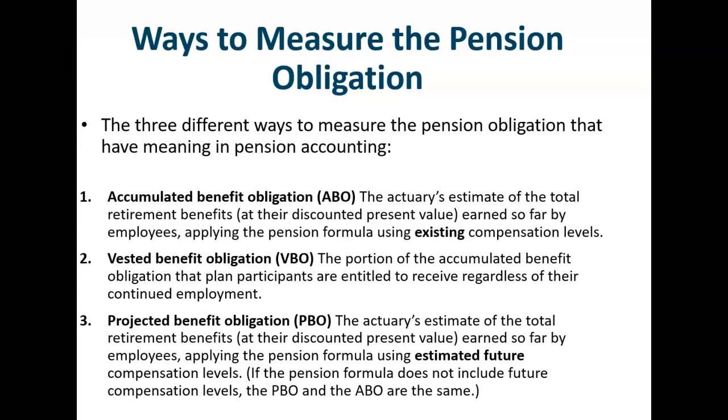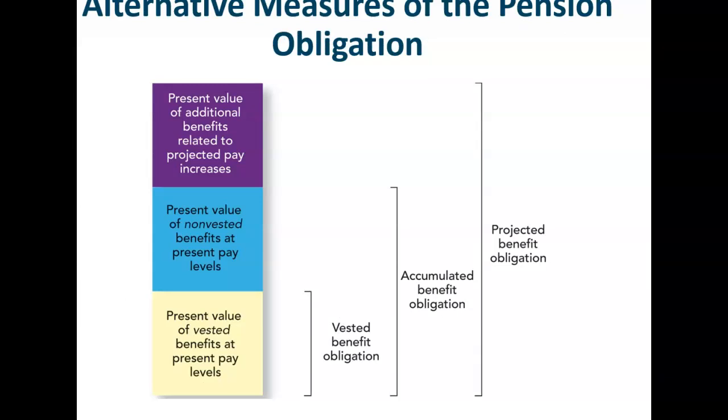If the pension formula does not include future compensation levels, the PBO and ABO are the same. Later, you will learn that the projected benefit obligation is the basis for some elements of the periodic pension expense.